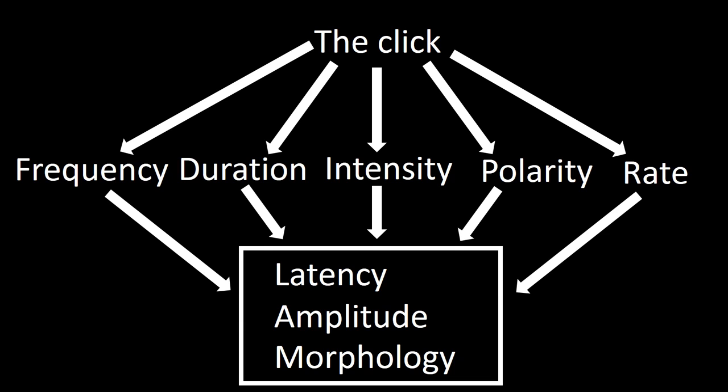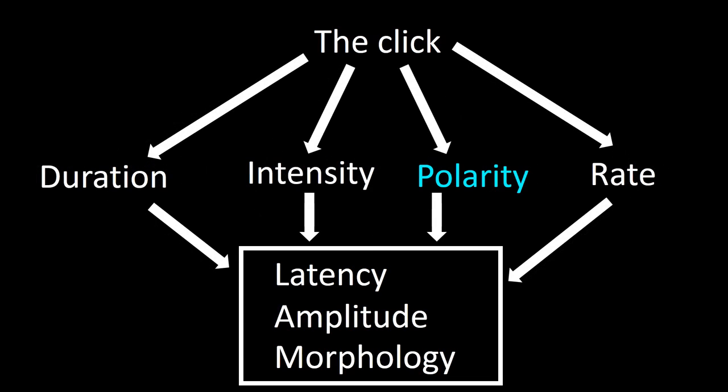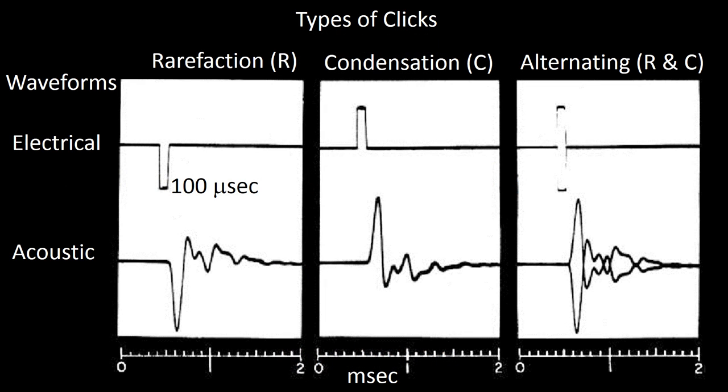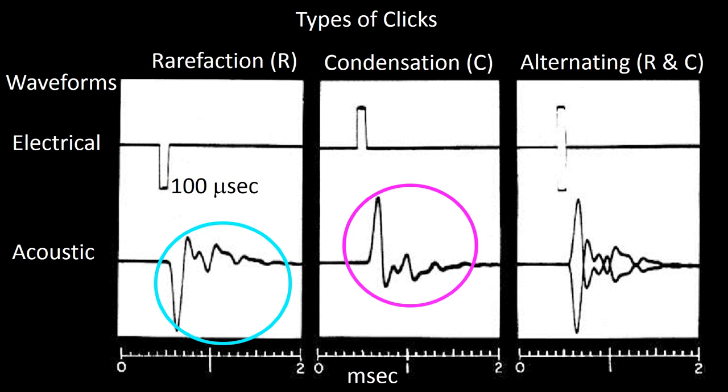The fourth factor that influences wave characteristics is polarity. As you remember, depending on the electrical pulse used to trigger an acoustic wave, a stimulus is called rarefaction or condensation.